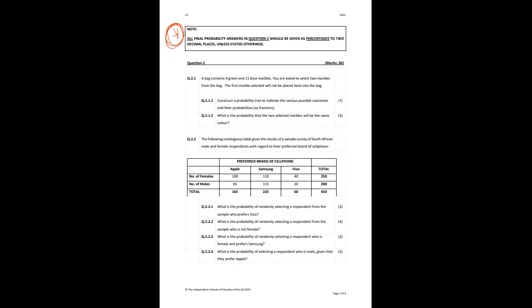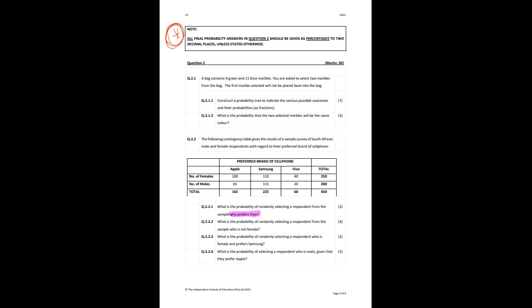They said the probability of randomly selecting a respondent who prefers Vivo. This is just looking at one single variable. They're not saying the person's gender together with what cell phone brand they prefer. They just want to know what's the probability of a person selecting a Vivo.